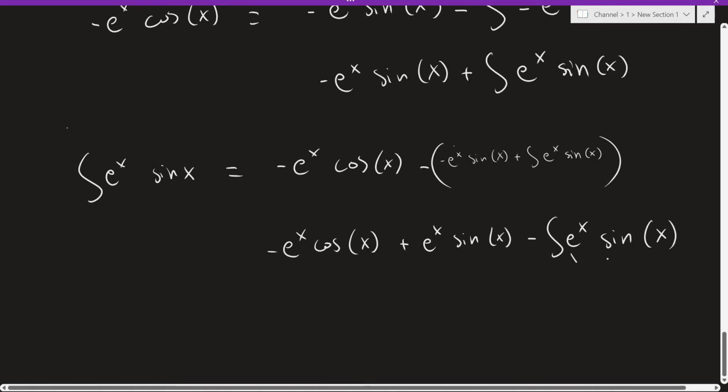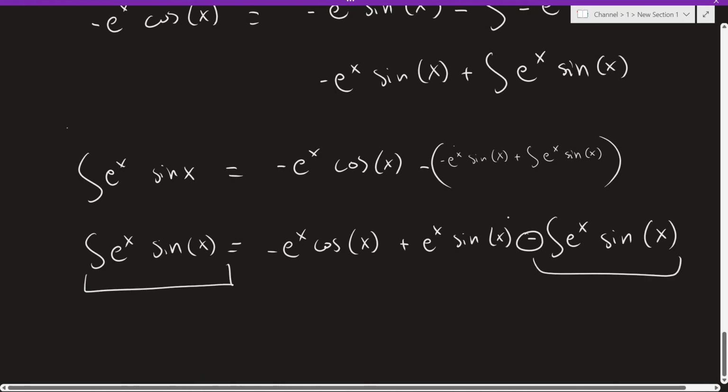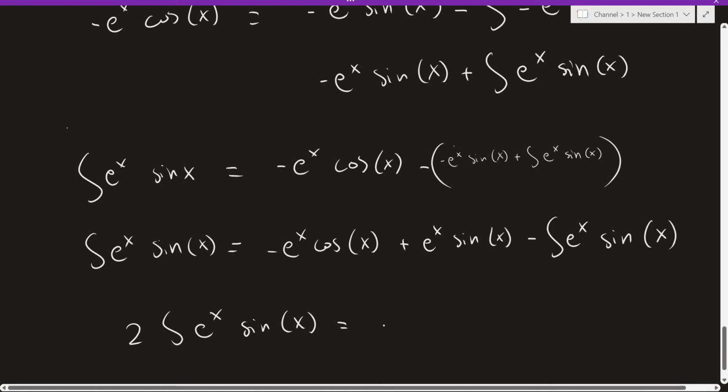Great. We see two functions once more. That is crazy. However, this time we can notice that these two functions here, the one on the right and on the left, are similar. And if we take it to the right, it's going to be positive, meaning that there will be two integrals of e^x sine x. So it's going to be 2 times the integral of e^x sine x equal to negative e^x cosine x plus e^x sine x.